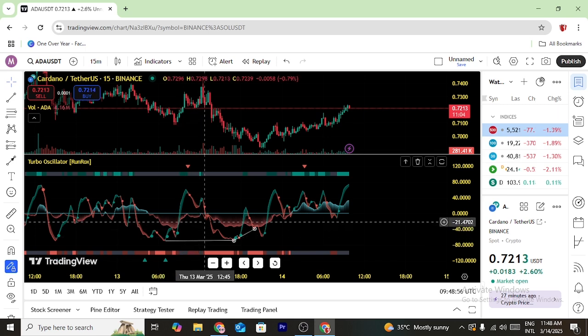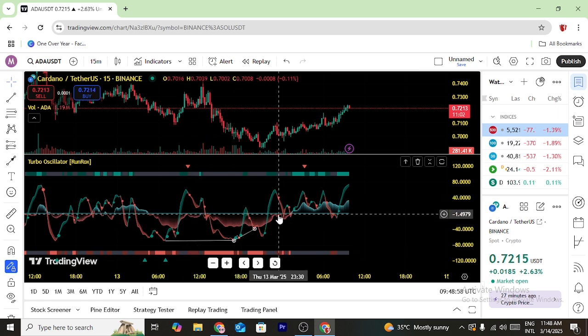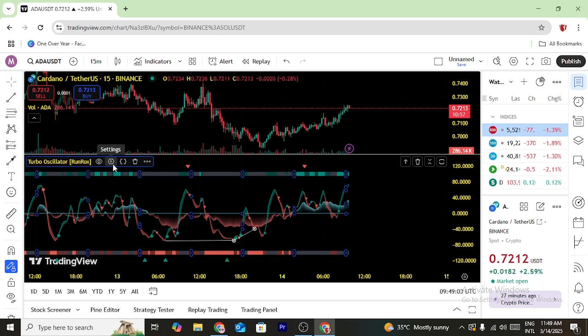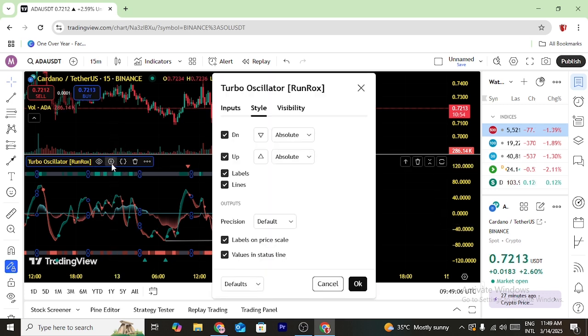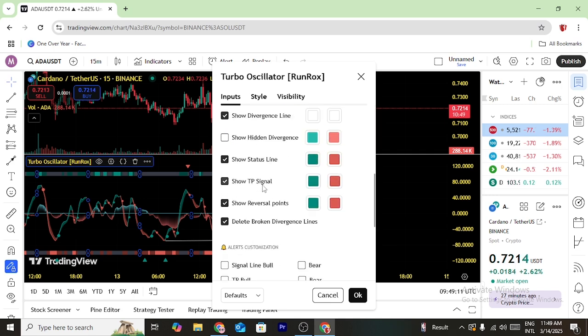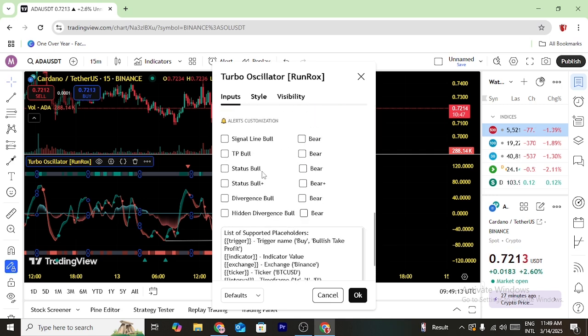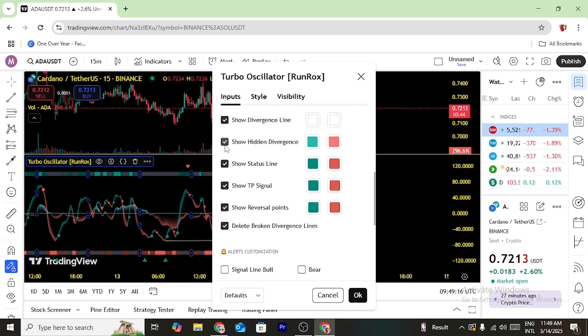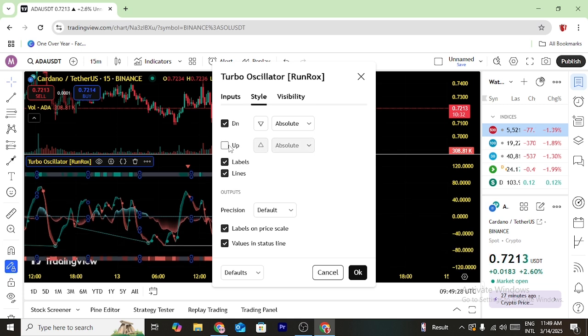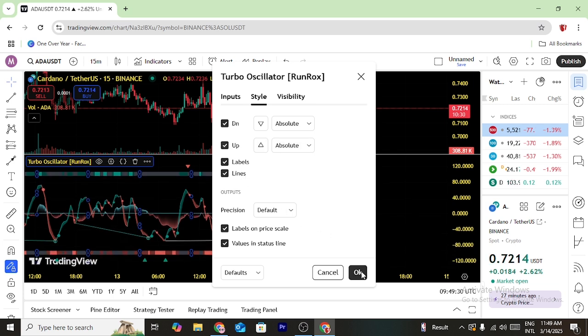You can see this is a green line, red line, and this is very informative. First of all, we have to go into settings, and you can see this input. Just go down and show hidden divergence. Okay, and then style.